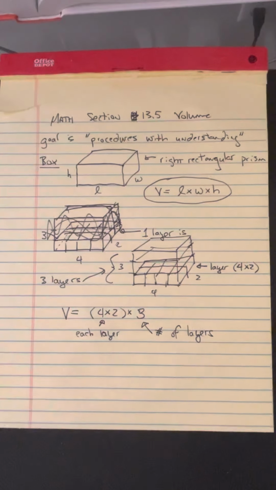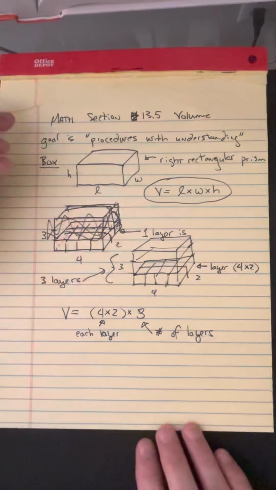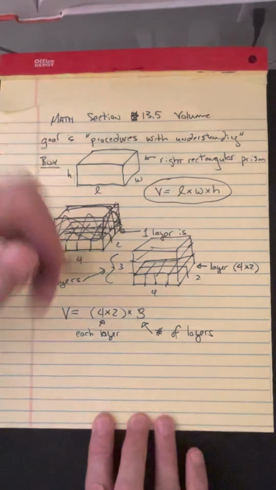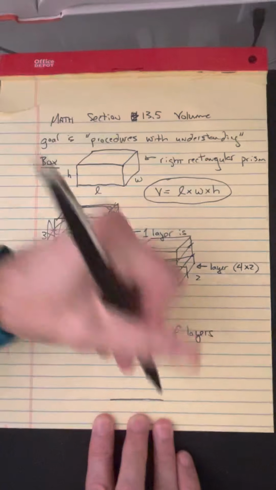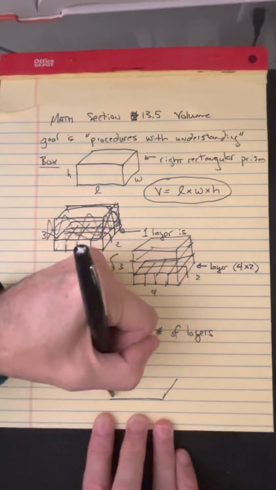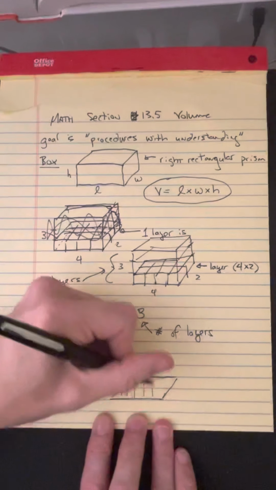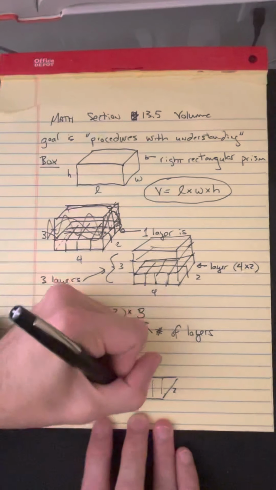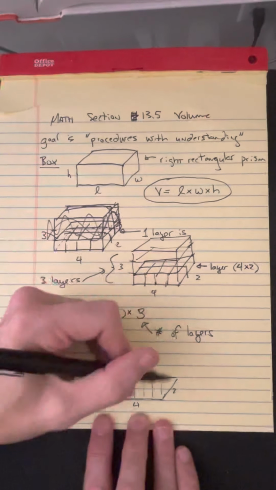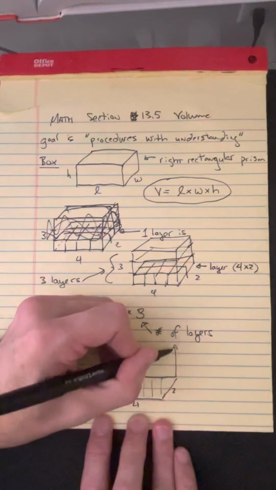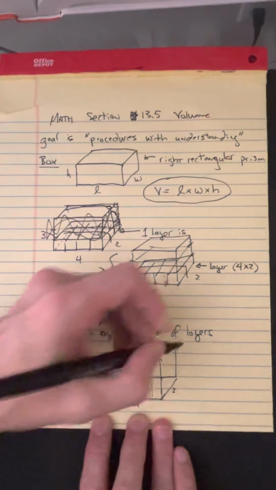Or another way to think about it, a little bit more abstract, is you've got that 4 by 2 rectangle on the bottom, and it's getting pushed 3 high.